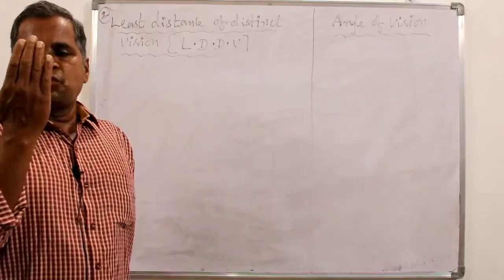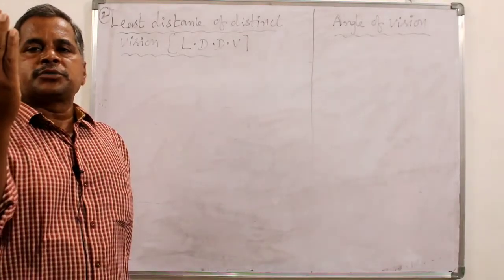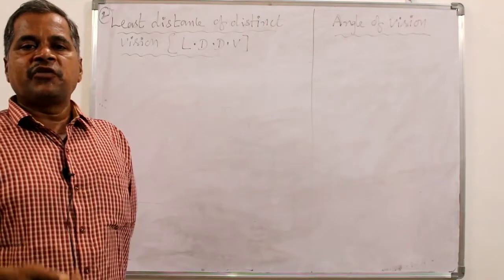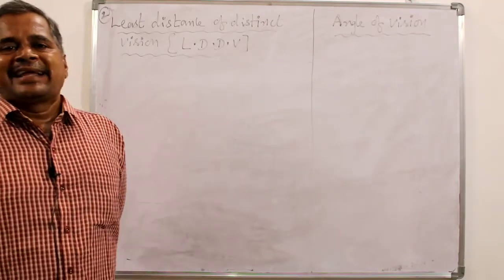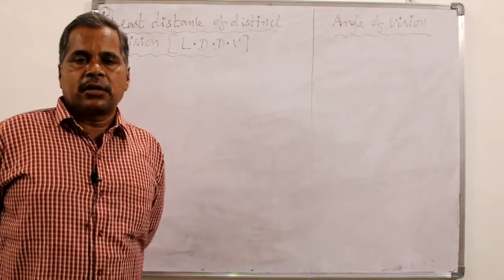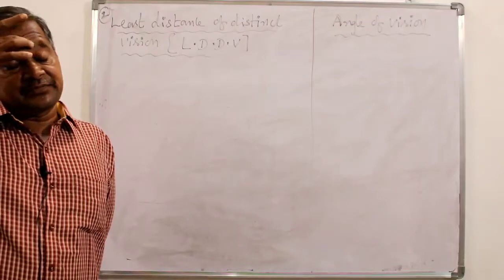Again you move the book away from your eye up to a certain distance where you get clear vision of those letters. That distance is called the least distance of distinct vision.